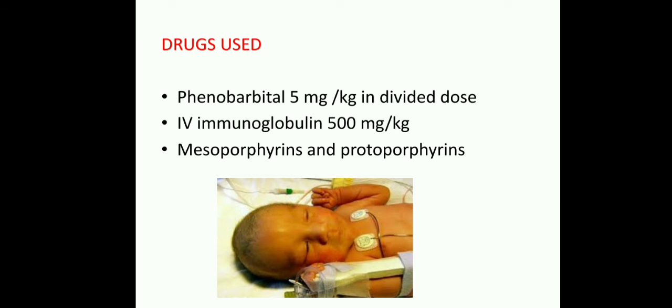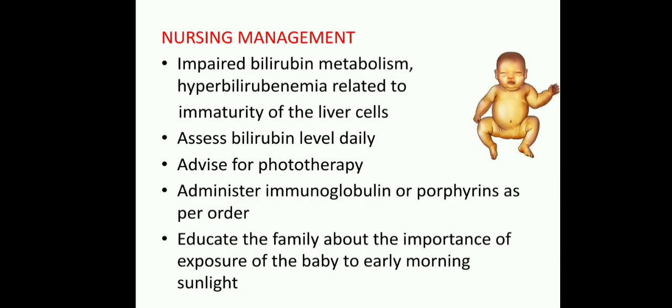Mesoporphyrins and protoporphyrins are also used as drugs for prevention of neonatal jaundice. Okay, next coming to the nursing management. The nursing diagnosis is impaired bilirubin metabolism, hyperbilirubinemia related to immaturity of the liver cells.